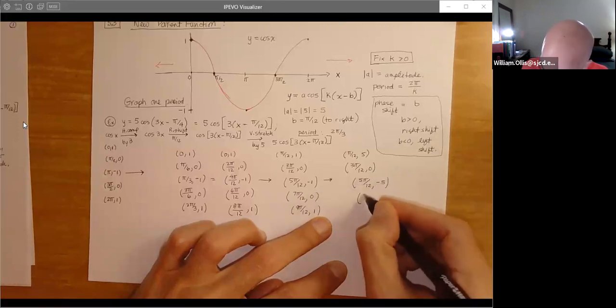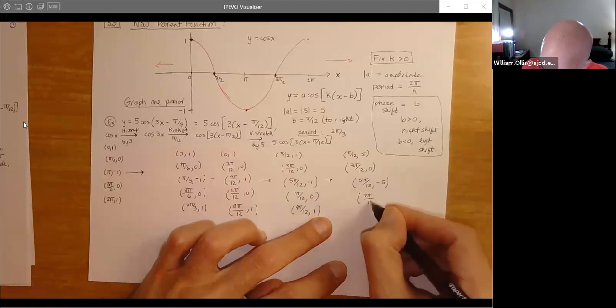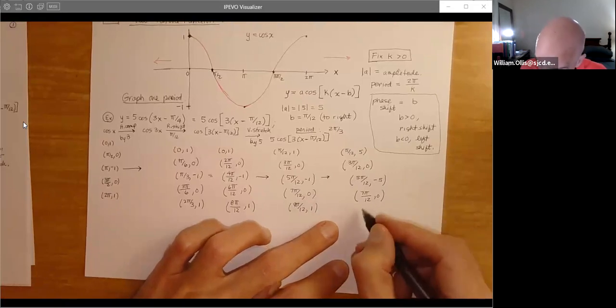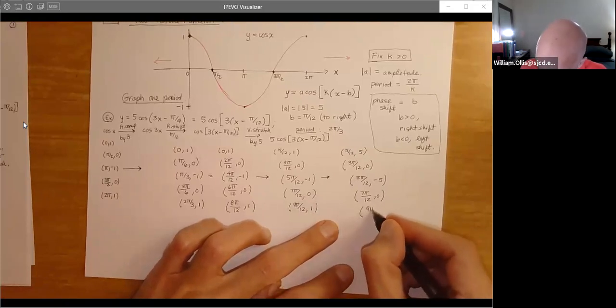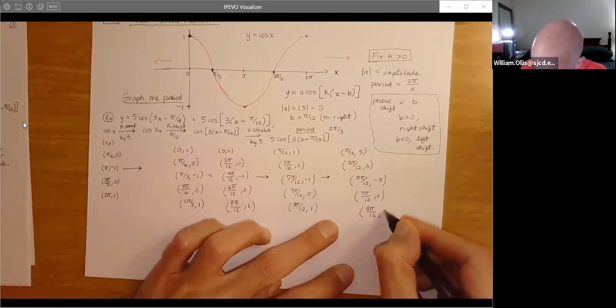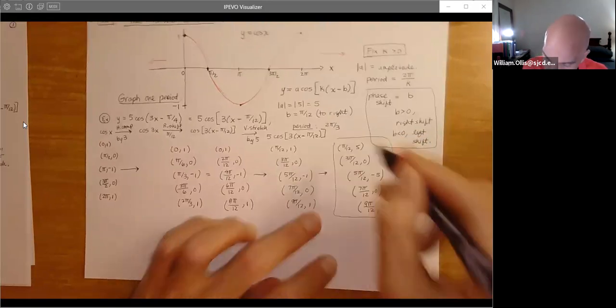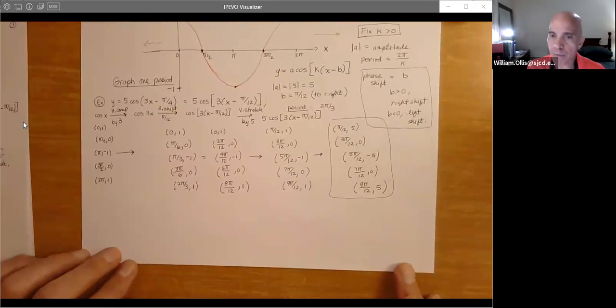Technology is terrific. It's why we can do Zoom, but reliance upon it will ruin your ability to do mathematics. So now all of these new points basically give us the new graph.